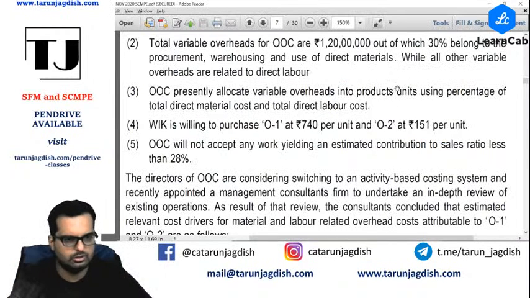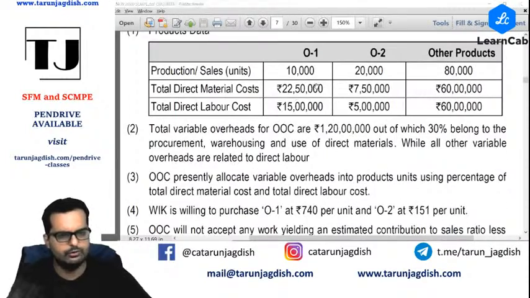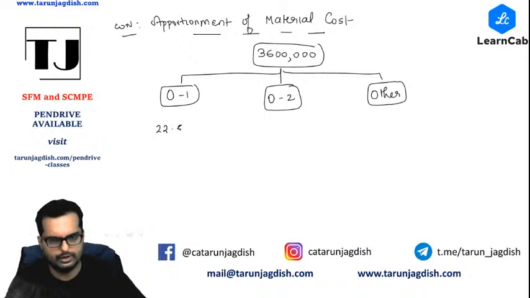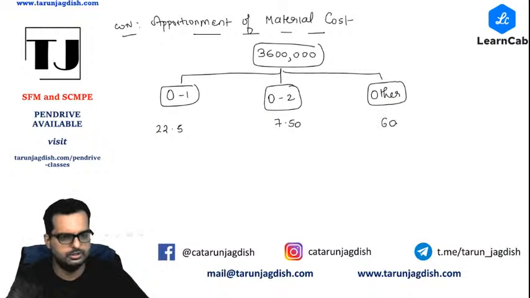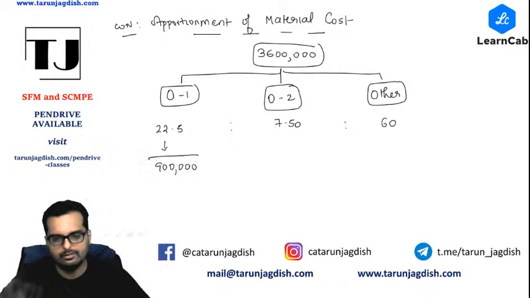Shall we just check what is the total material cost that's coming over here now? I think we already have the number. 22 lakh 50, 7 lakh 50, 22.5, 7.5 and the last one is how much? 60. If I am doing in this ratio, tell me now. 36 lakhs, 22.5 plus 7.5 plus 60 would be 90. So 36 divided by 90 into 22.5 would give you the answer as 9 lakhs.